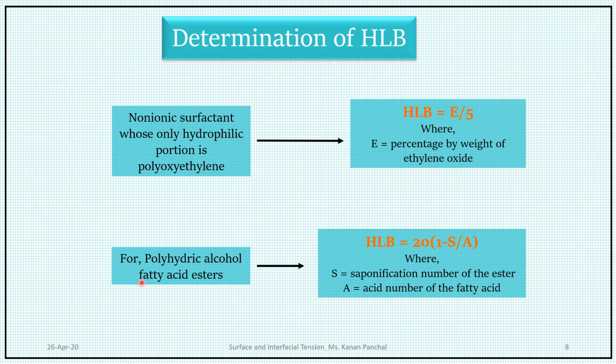And if your surfactants are fatty esters of polyhydric alcohols, the formula changes to HLB equals 20 (1 minus S upon A), where S is the saponification number of the ester and A is the acid number of the fatty acid. Remember that the acid number is greater than the saponification number.